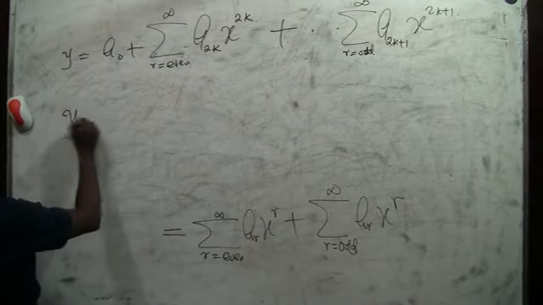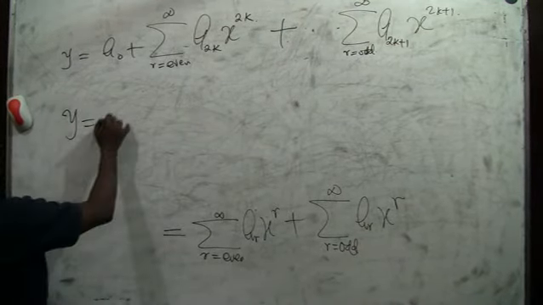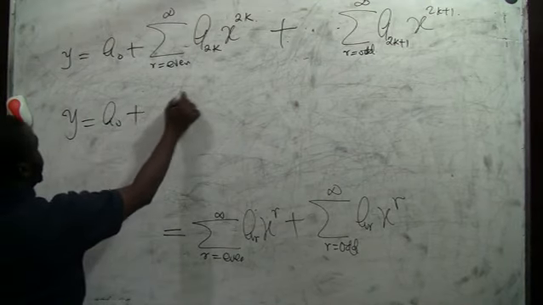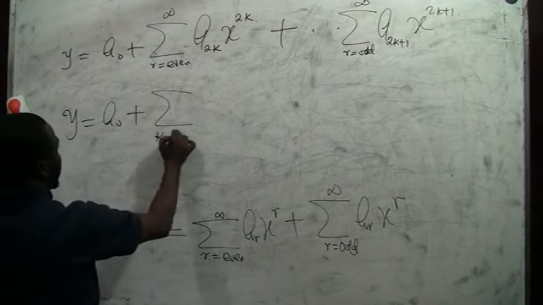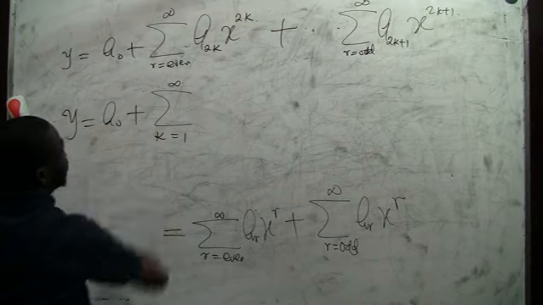Then what do we have? We have a naught plus summation k from 1 to infinity.